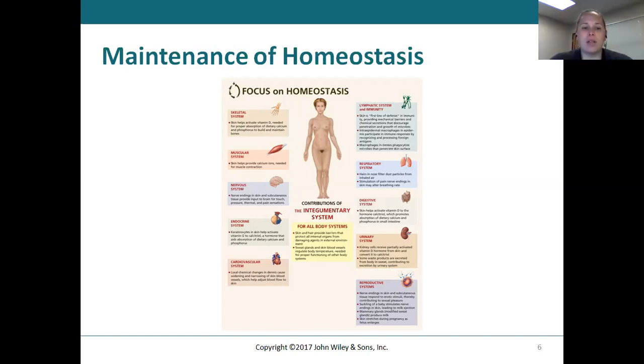So chemical changes in the dermis cause widening and narrowing of the blood vessels, and so that's how it interacts with the cardiovascular system. And then the lymphatic system, it's again the very first line of defense. It's going to prevent outside microbes or viruses from entering all parts of the system. So it really does help protect your body from essentially absorbing or interacting with any type of microbe that it encompasses.